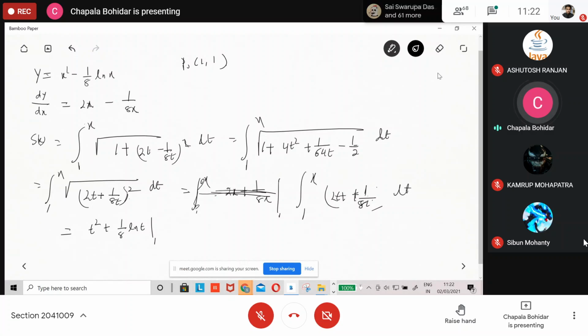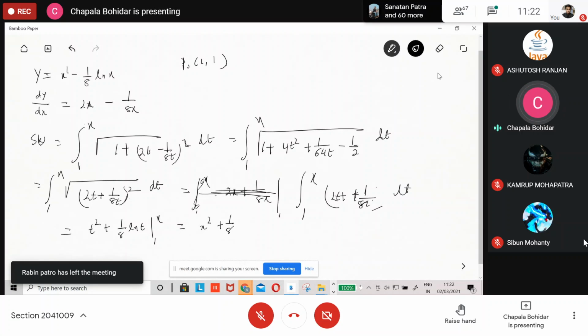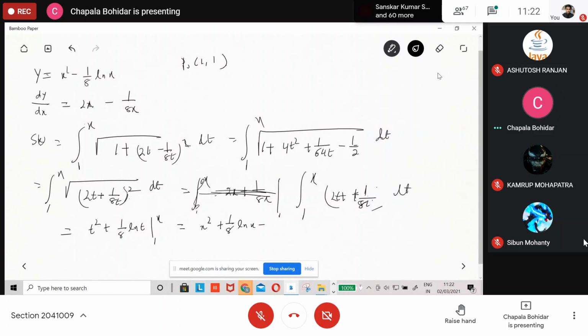Then it is from 1 to x. When I put the value x, I get x square plus 1 by 8 ln x. Then when I put the value 1, ln 1 is 0, so it is minus 1. So in terms of x, we get my result.